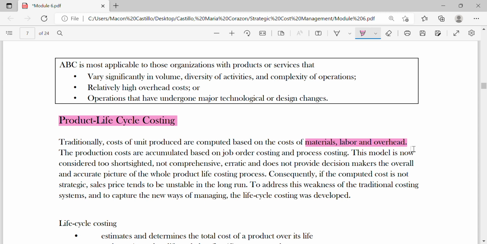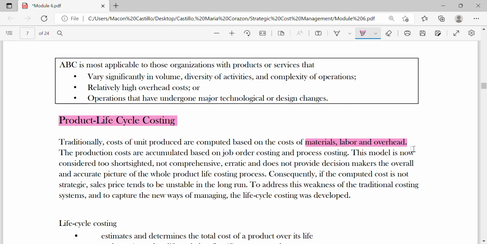However, when we look at things strategically, we are looking at things in the long run. When we are analyzing a specific product, there are activities associated with the product that happen prior and after the production.